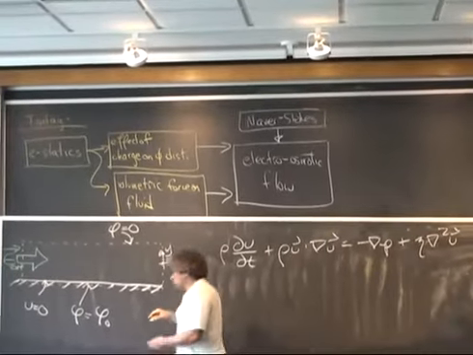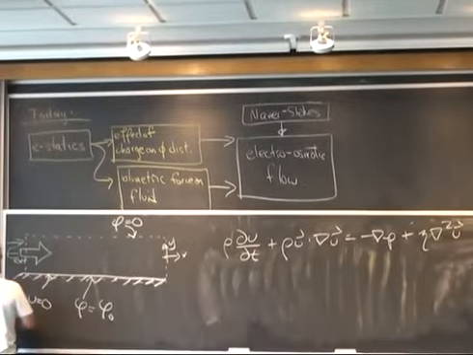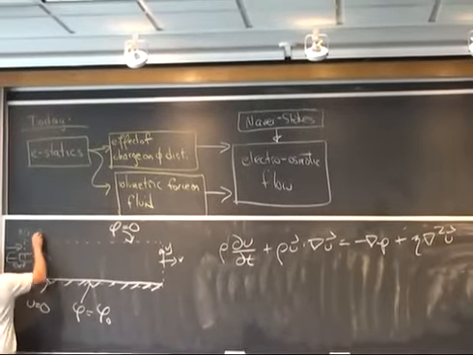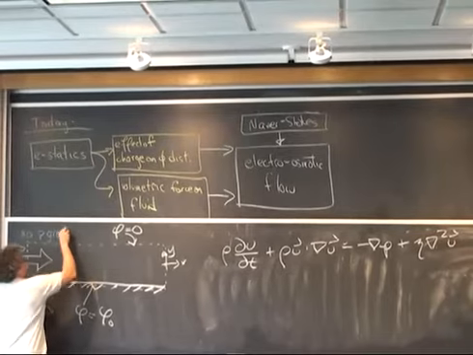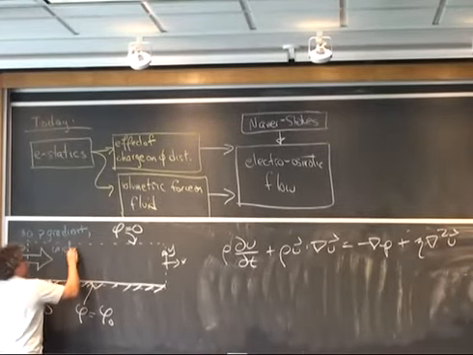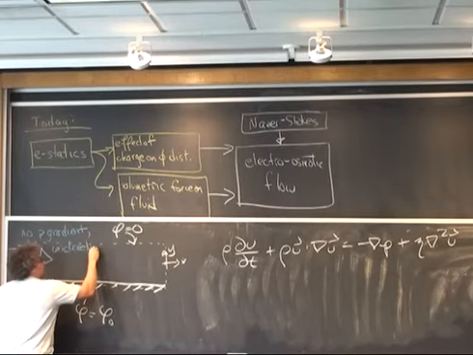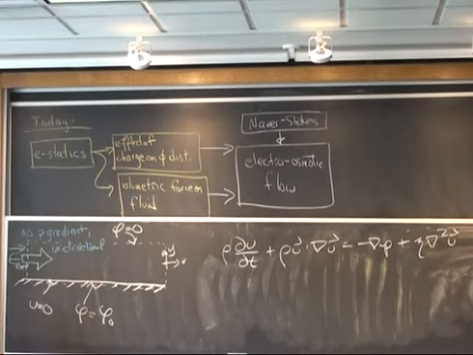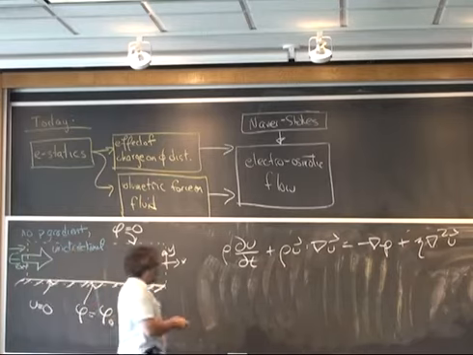All right, well, we're going to assume that there's no pressure gradient. And we're going to assume that this flow is unidirectional. And in fact, these are the same assumptions that we made when we solved the Couette flow.